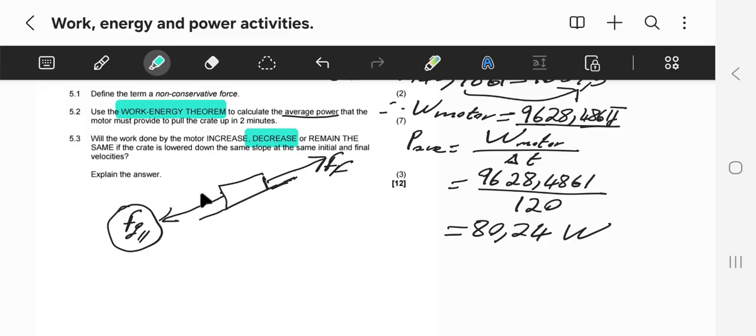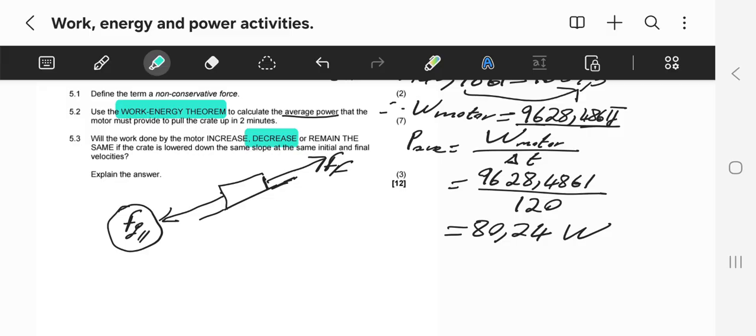Okay, so that's how we should be answering this question. The reason I've given, guys, it's just that I can't put it in writing, but the reason is that the motor is now being assisted by the force of gravity parallel instead of it opposing the motion as before, along with force of friction.